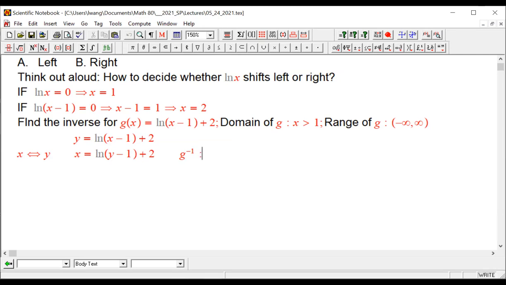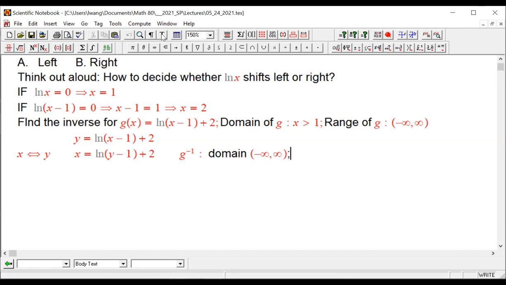At the same time, the domain and range of the inverse of G are already decided. The domain will be the range of G. So that domain is all real numbers.